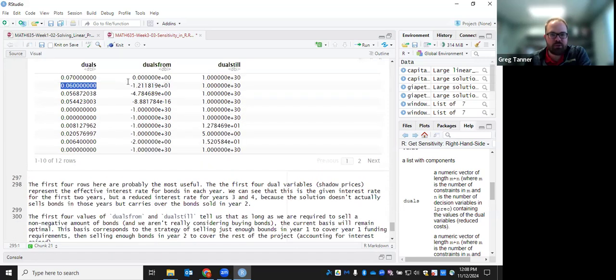The duals from and duals till in that case tell us essentially when our strategy will switch, or what sort of bond requirements would cause our strategies to switch.